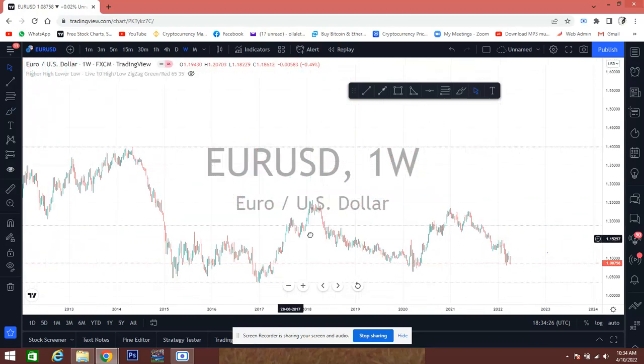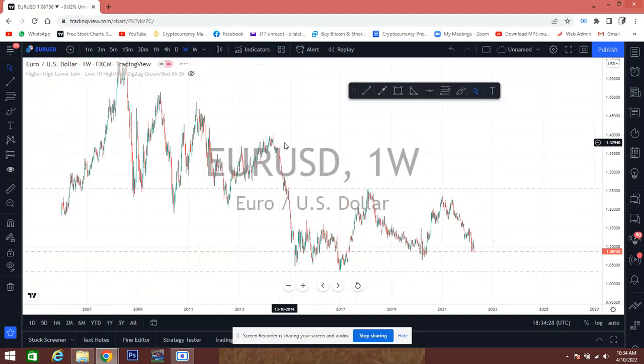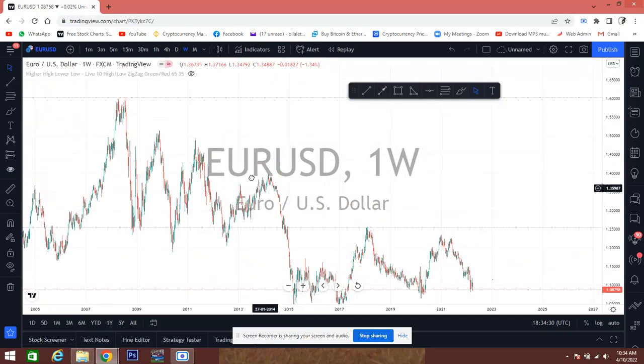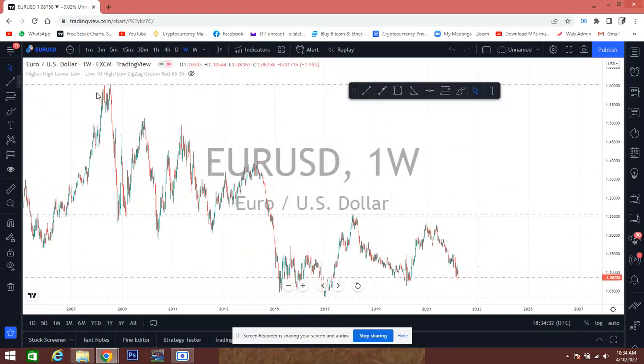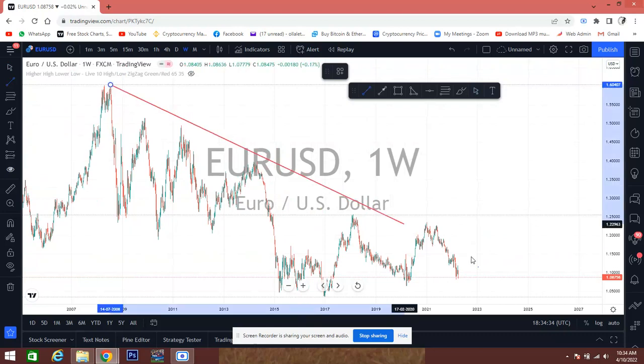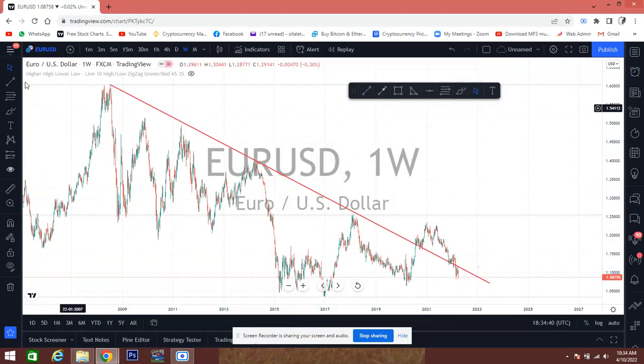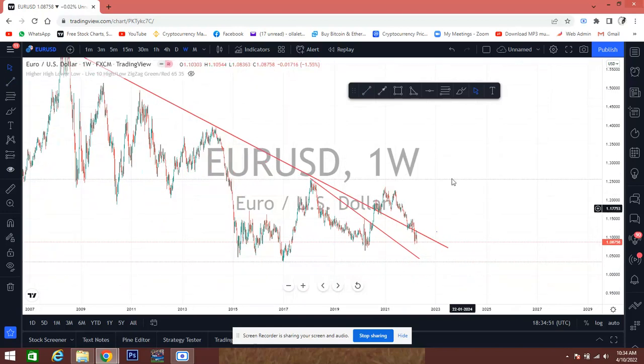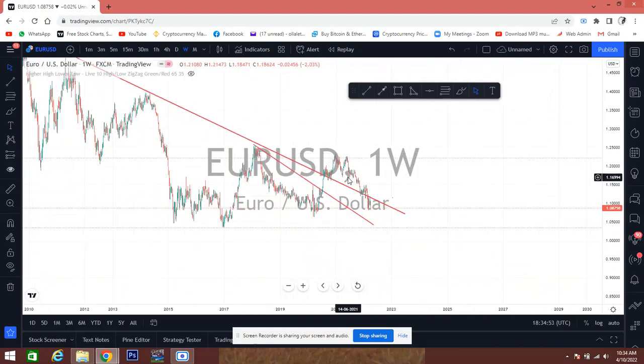Let's see what will happen here. I told you guys that when price breaks out, always look for a retest back within the trend line. See what happened here. Some people will agree with me that you can still spot another trend line here. Now, if you zoom this one, you see what really happened there.